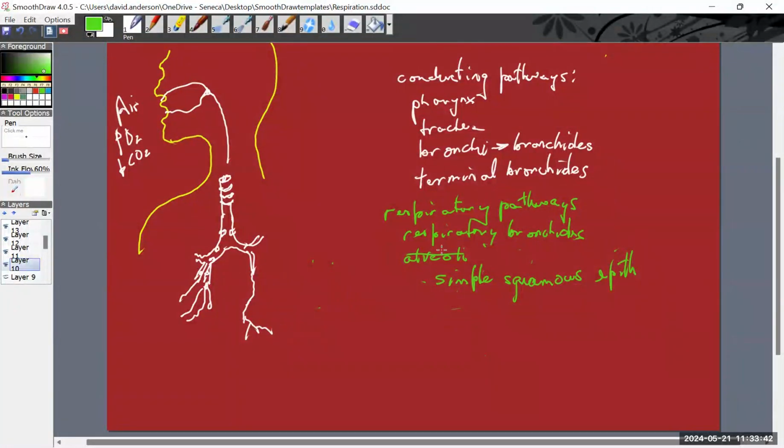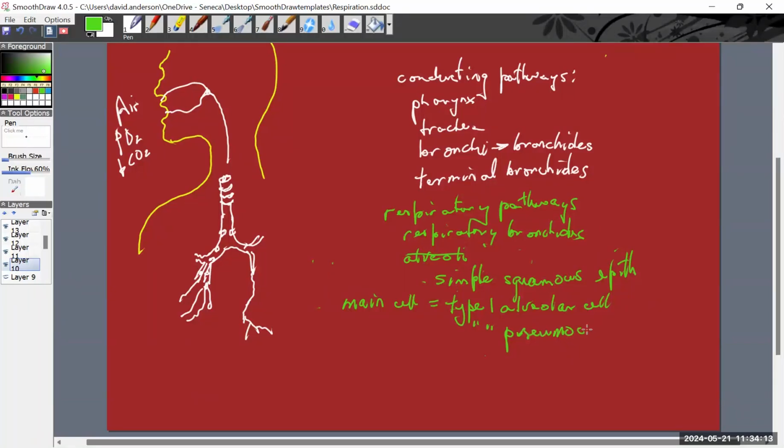So the alveolus is made up of a simple squamous epithelium, and the primary cell, the main cell, is what we call a type 1 alveolar cell, which is a good name, or a type 1 pneumocyte.